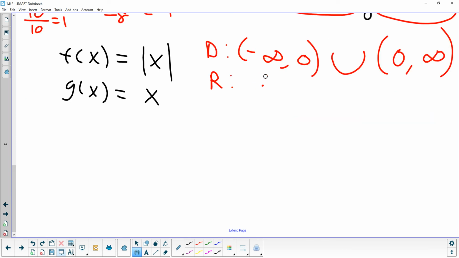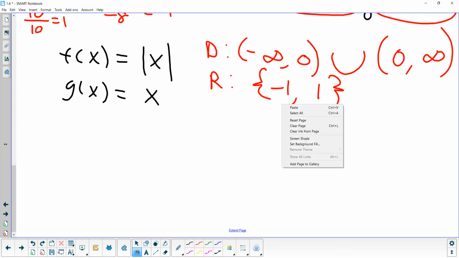You write it like this: negative 1, comma, 1. And what that means when you put it between those curly brackets is that what's inside is a list of numbers, and we are listing every single number in the range. All 2 of them. Negative 1 and positive 1.